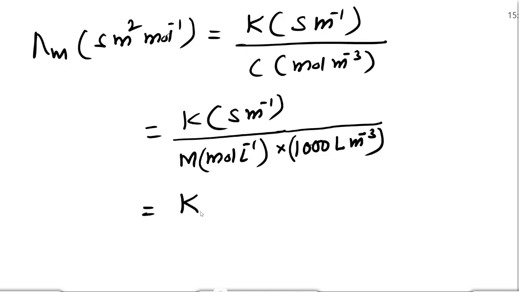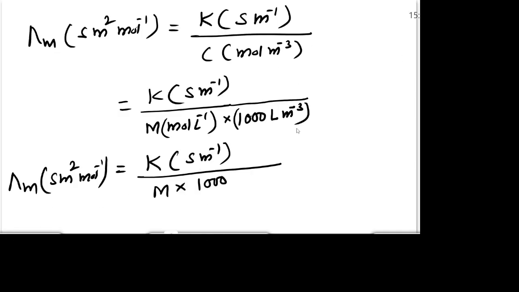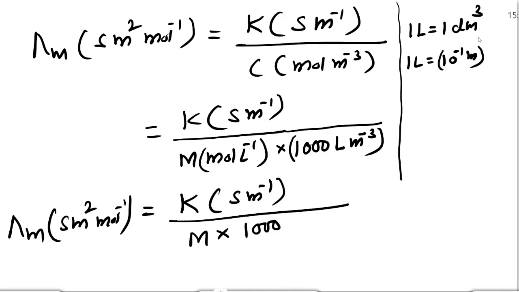So keep in mind, when conductivity is given in S per meter, then molarity is multiplied by 1000, and this is the case because you know that 1 liter is 1 decimeter cube, that is 10 raised to minus 3 meter cube, and 1 meter cube is 1000 liter.